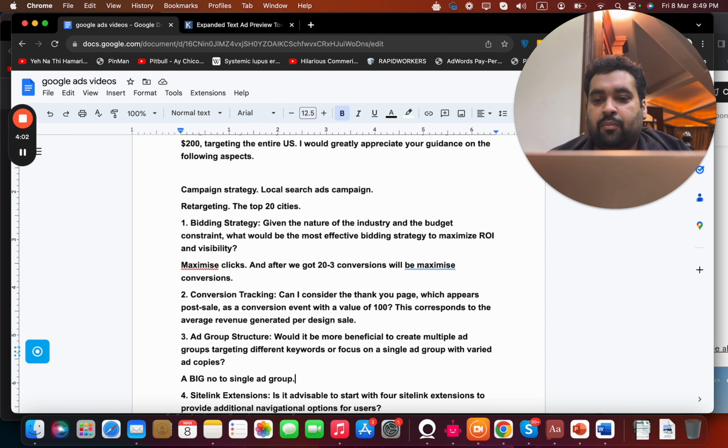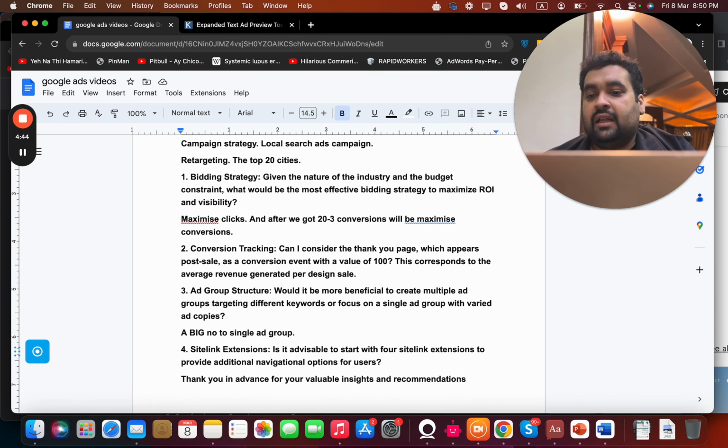Every keyword has a different intent, and you are targeting multiple ad copies to someone who has a different intent for each query. No, I do not think that this could generate good sales. You need to understand the intent when the user is searching a particular query, and you can target it through your ad. So my recommendation is to have as many different ad groups as possible, and then for each ad group you can have different ad copies, catering to the intent through which the user is searching for that query.